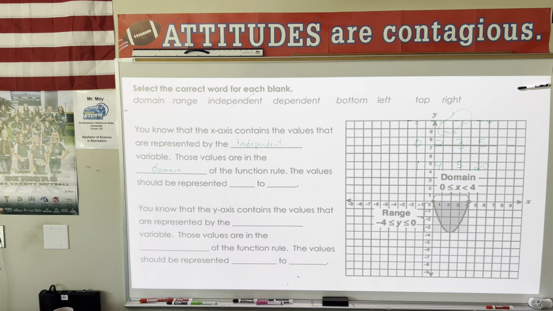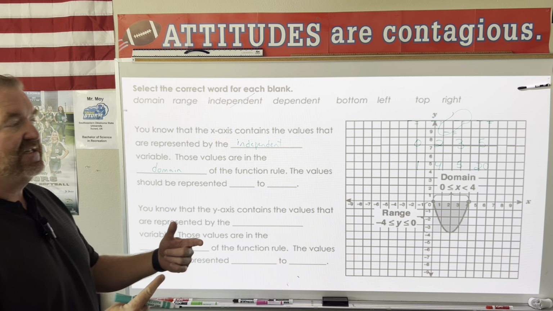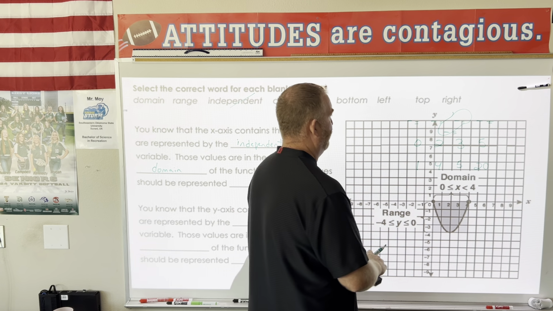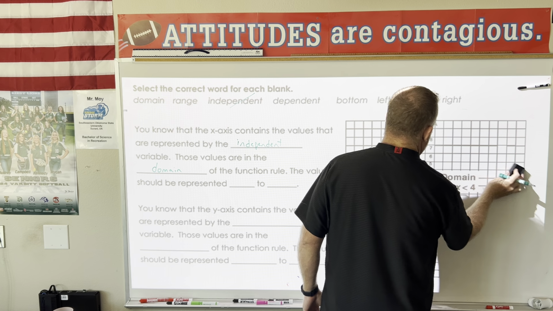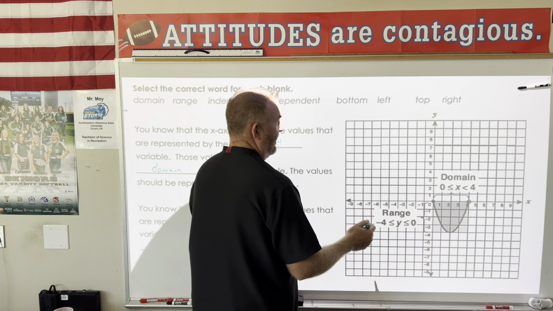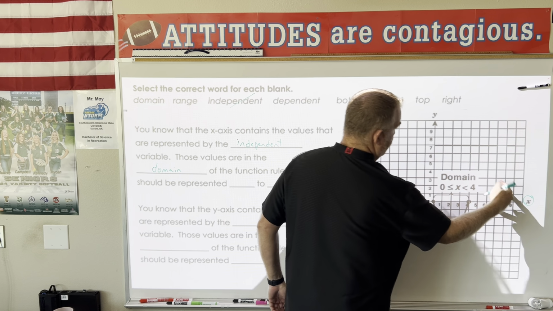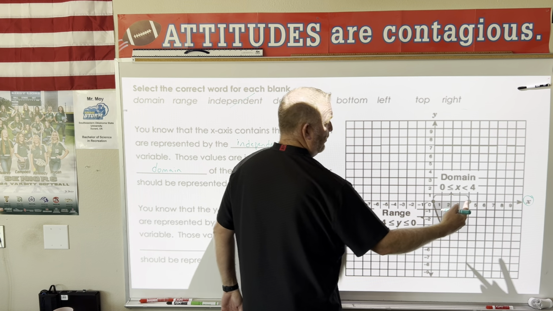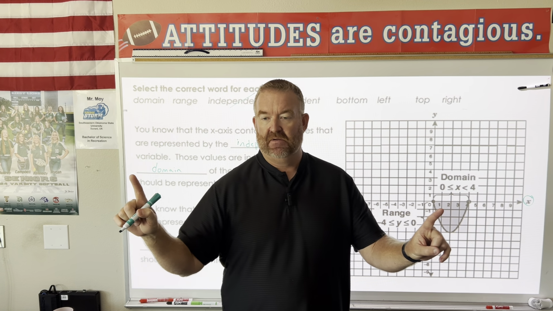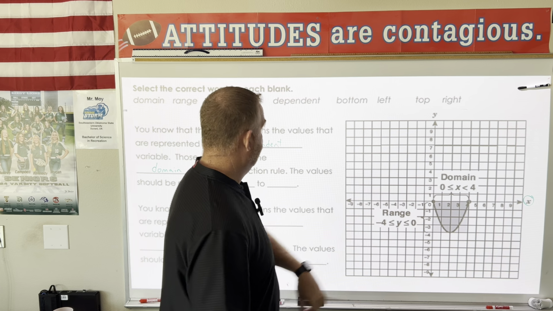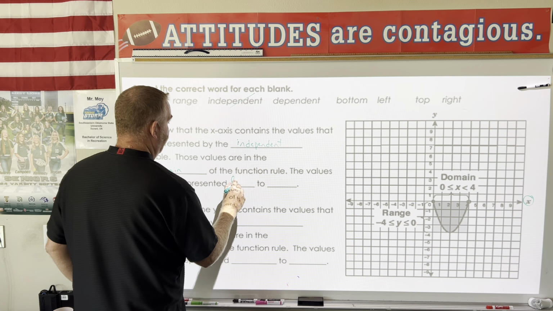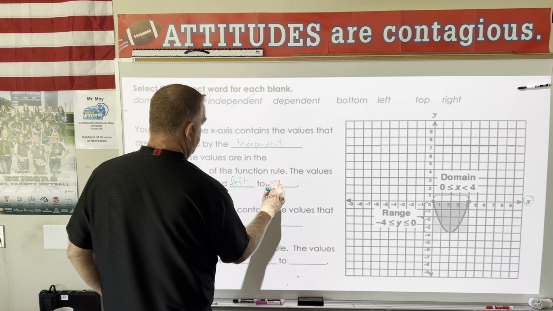These values, now here's where it gets very, very important, okay? Because if you think about an x value, if my x-axis is right here, when we're talking about a graph, which way is my x-axis? Left to right. They should be represented from left to right.